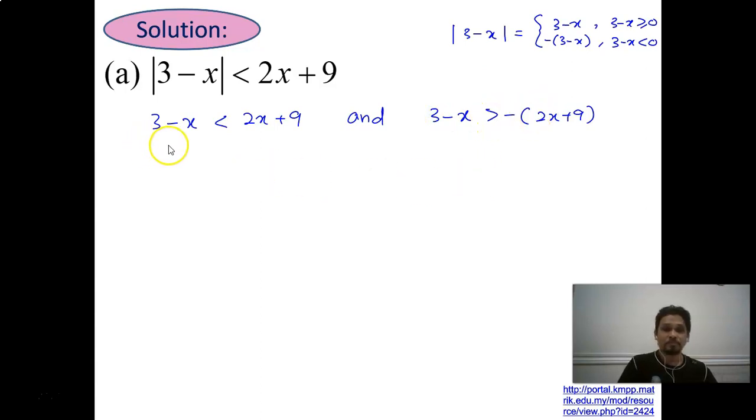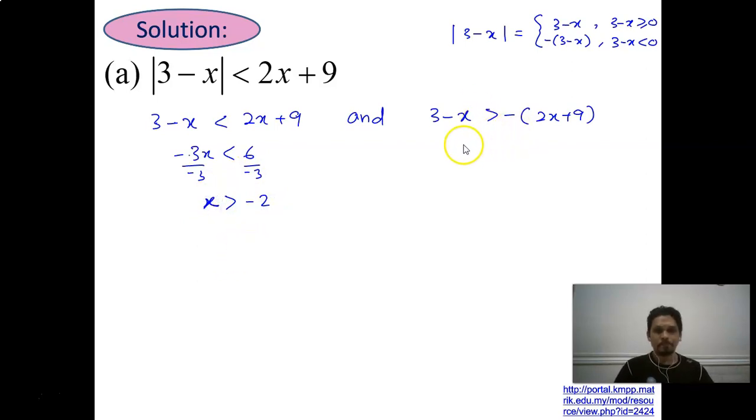Okay, so then negative x, 2x brought to the side becomes negative, so negative x minus 2x, negative 3x. 9 minus 3 equal to 6. Divide by negative 3 left and right, so the direction changes to x greater than 6 divided by negative 3, equal to negative 2.